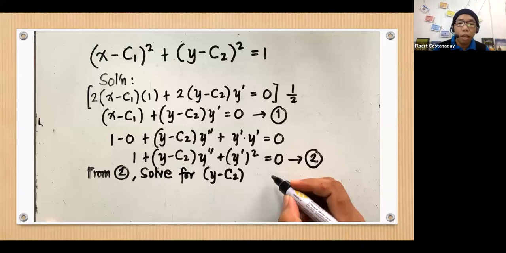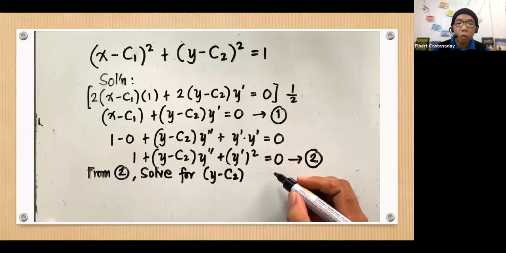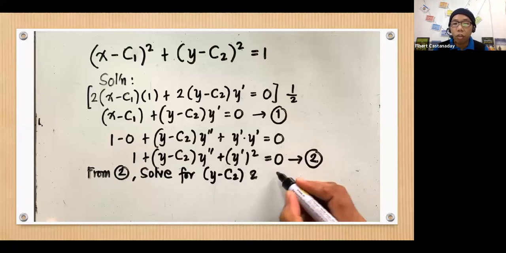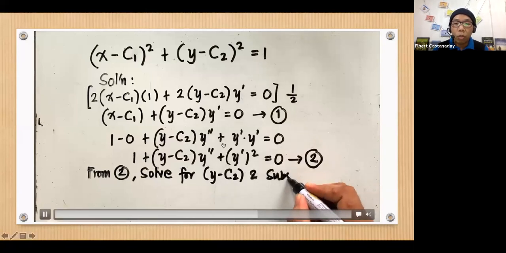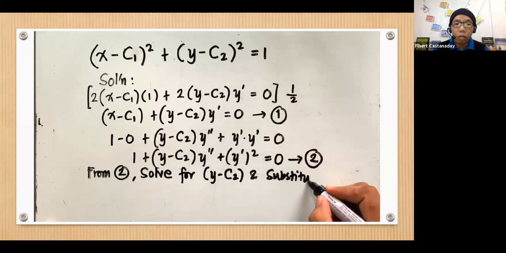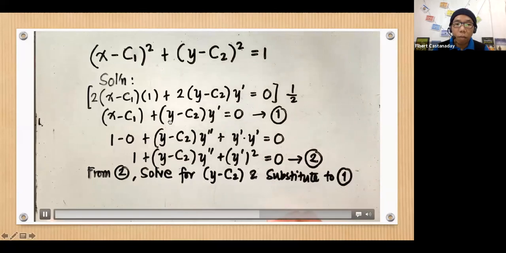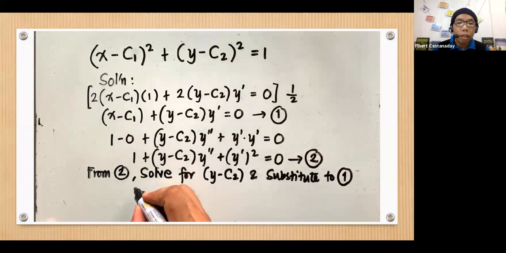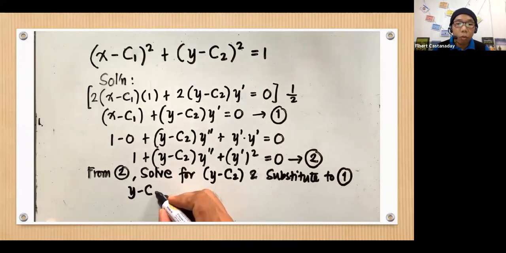So first, I'll be solving for y minus c sub 2 using equation number 2. So after doing that, I will substitute this to equation 1 since you have y minus c sub 2. So basically, I'm doing substitution here. Now, I have here y minus c sub 2.